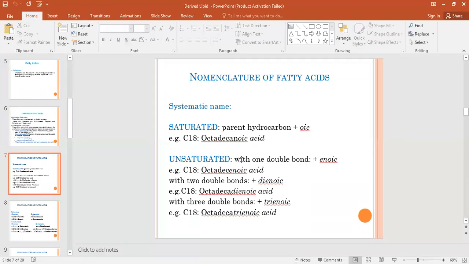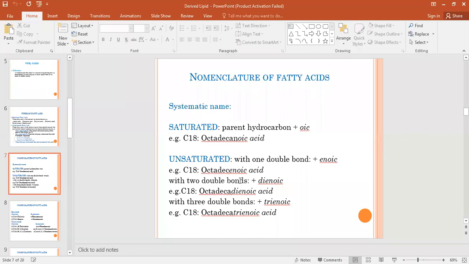The unsaturated fatty acid with one double bond is named as the parent hydrocarbon plus enoic acid, E for the double bond. For example, the C18 unsaturated fatty acid, octadecenoic acid.